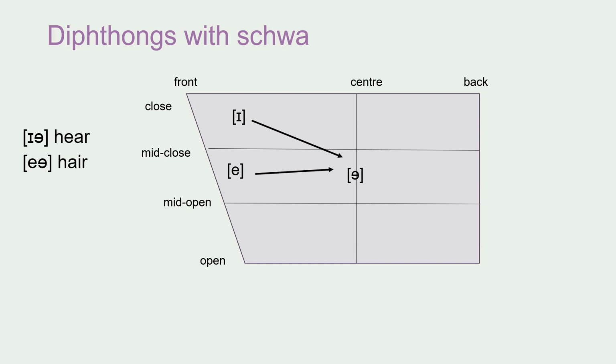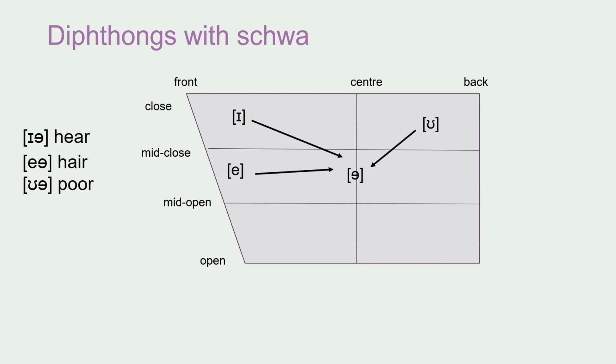There's a third one which is also not so common these days. Again, it seems to have gone out with the real RP accent, and that's this one. The pronunciation of this word as poor, poor. It starts with an oo and ends with a schwa.